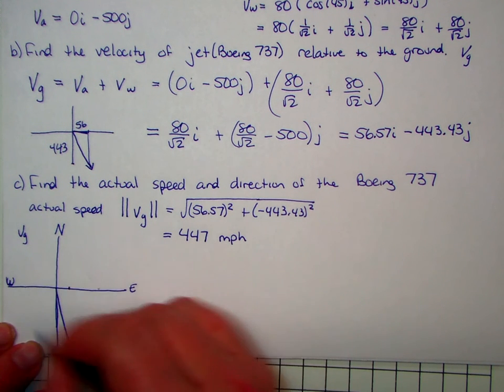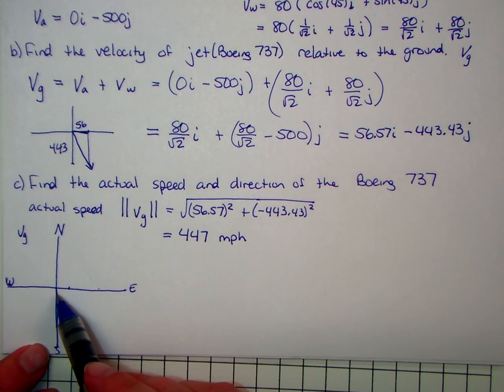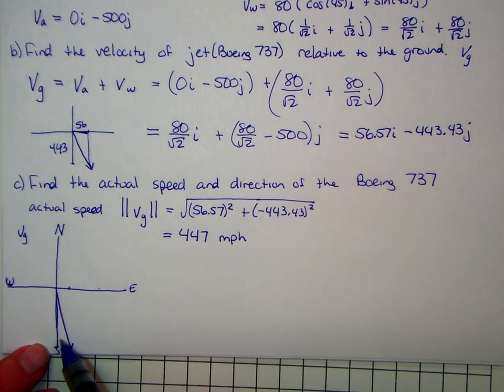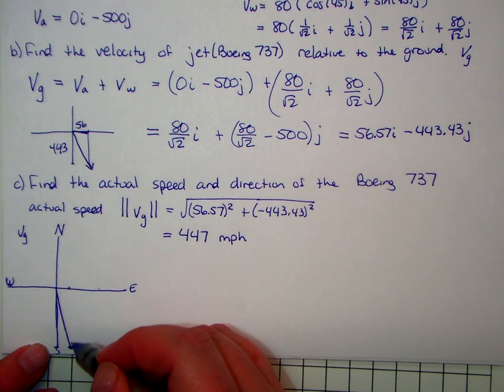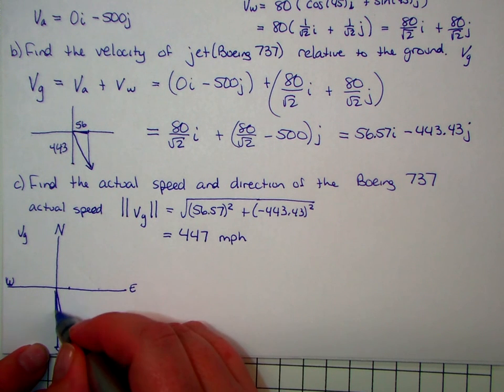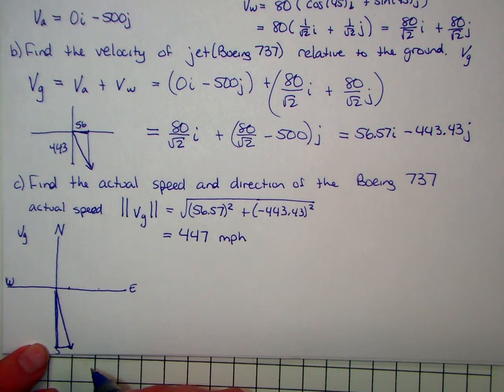Never eat soggy worms. The plane is going mostly south with a slight push to the east. So instead of drawing my triangle to the x-axis here, I'm going to draw my triangle here, so that I could find this slight angle to the east that the plane is being pushed.